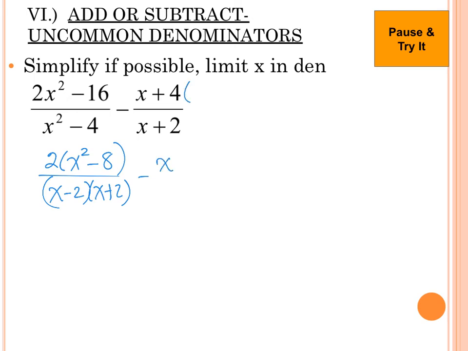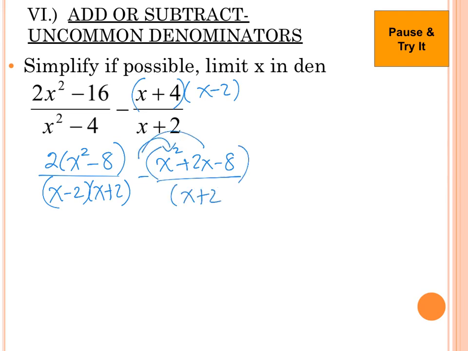I'm going to multiply this one by the x minus 2. So that becomes x squared plus 2x minus 8 all over x plus 2. It is subtraction, so I need to make sure I'm distributing my negative. I'm going to go back to standard form. That's why that looked funny to me. I want to keep that in standard form so I can combine like terms.